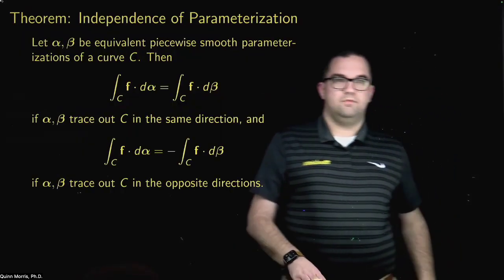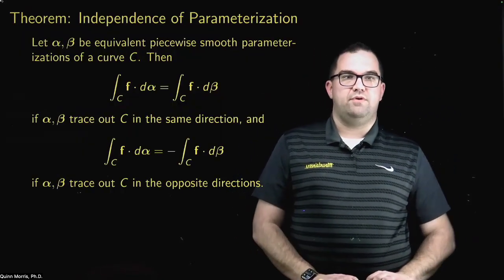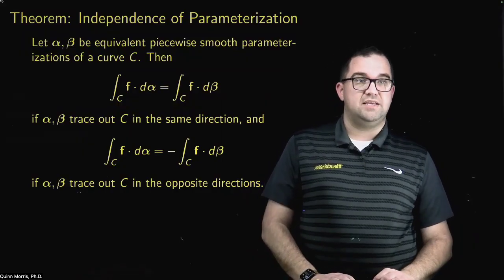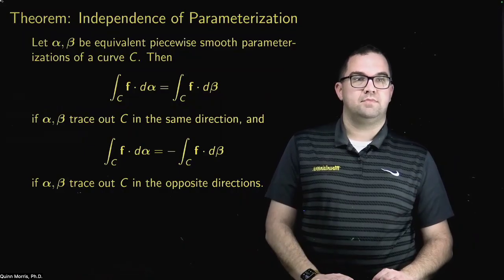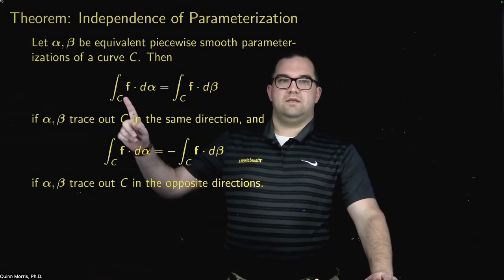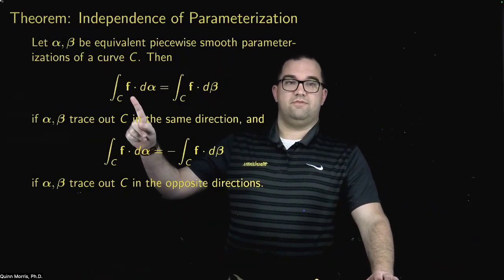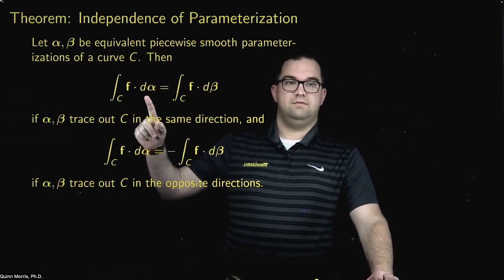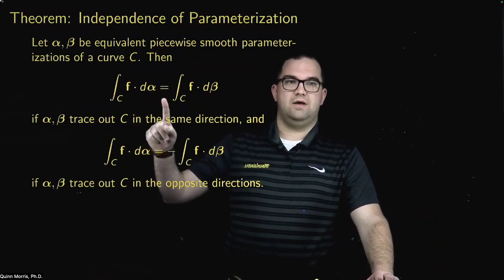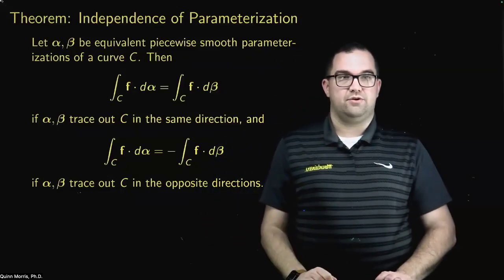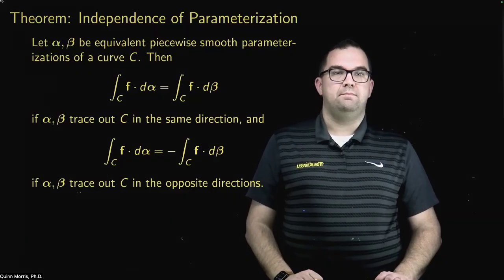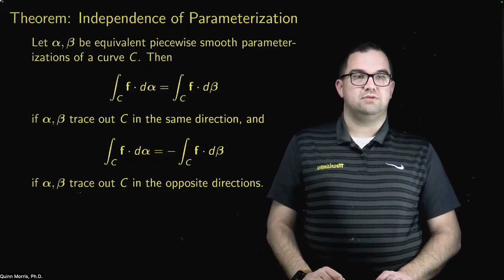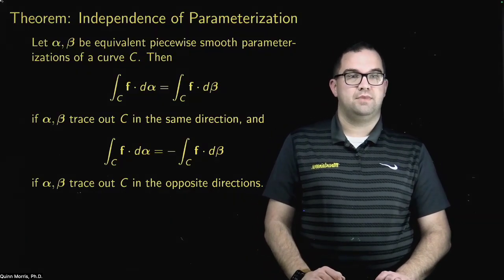So here's the theorem. Let alpha and beta be equivalent piecewise smooth parameterizations of a curve C. Then the line integral of the vector field f over C with respect to the parameterization alpha is equal to the line integral of f over the curve C with respect to the parameterization beta if alpha and beta trace out C in the same direction.